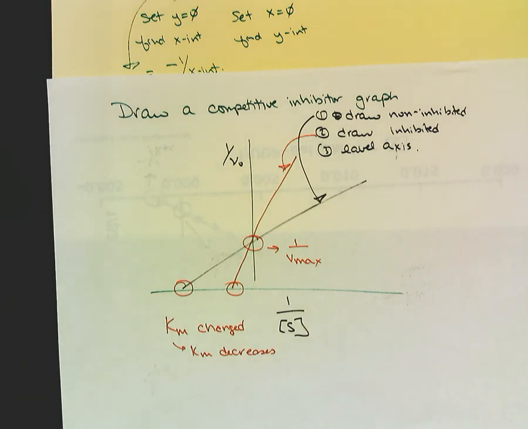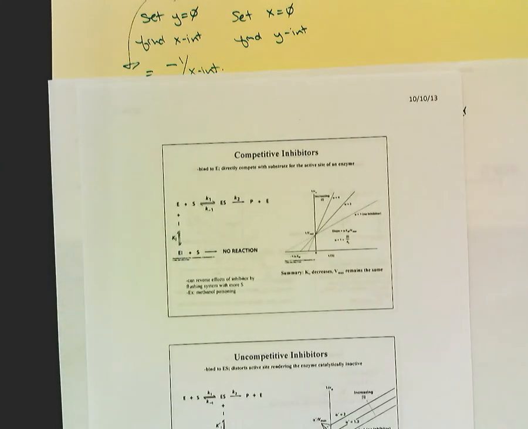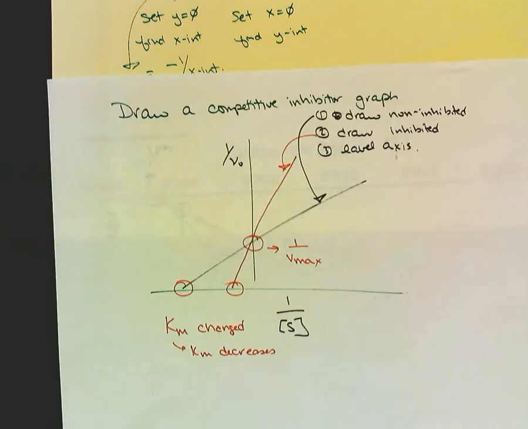Let's see, what's the easiest way to think about this? I think the easiest way to think about it is in terms of the equation. I'll do it in terms of this.